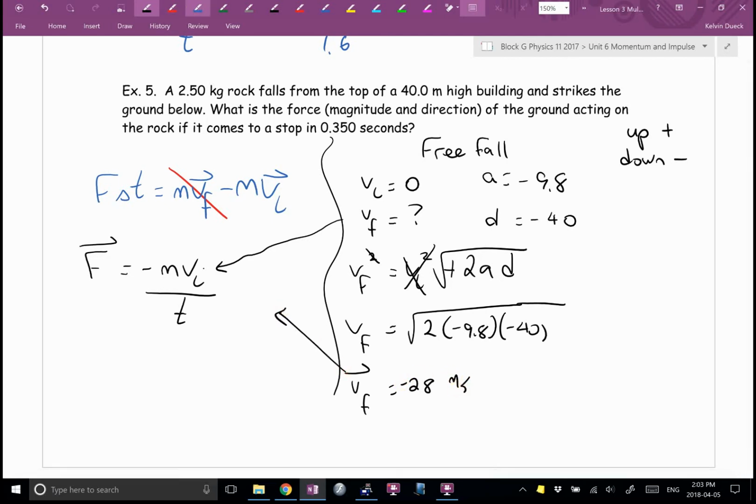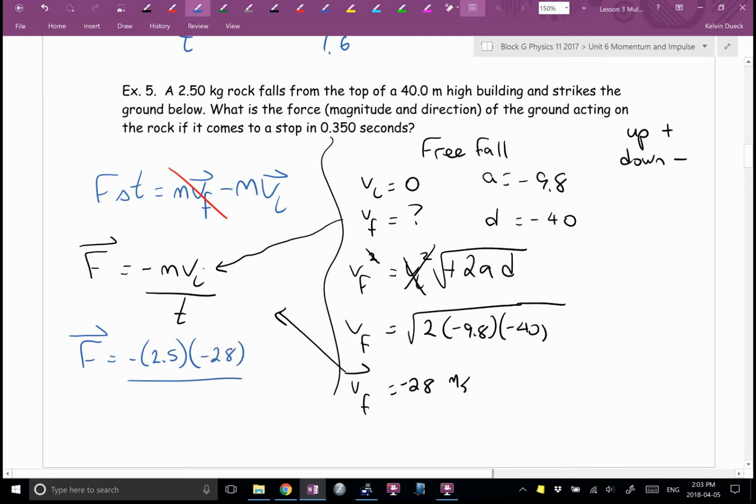And let's plug it into our equation, now we're back to the beginning here, Mackenzie. Maddie, we want to find the force. So it's going to be negative, what's M? 2.5. What's V initial when we start to stop? That's V final when we hit the ground. Maddie, negative 28, yes? Yep.